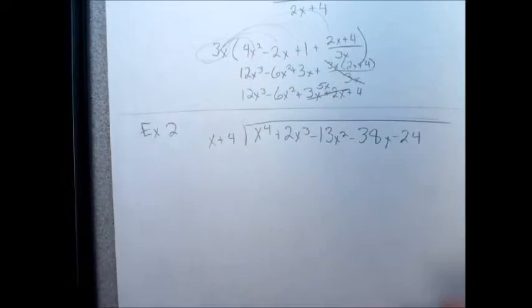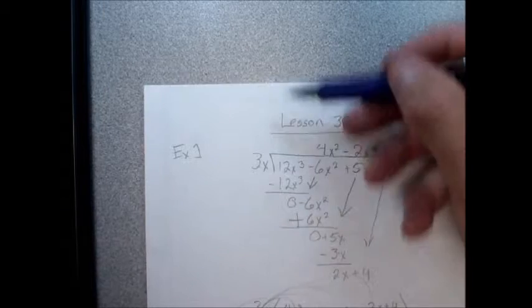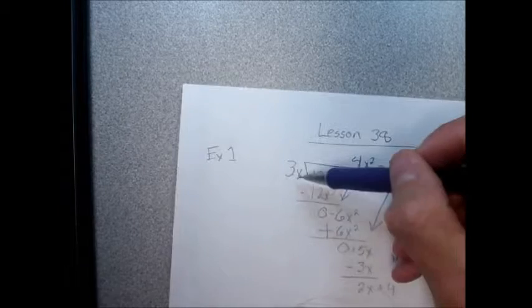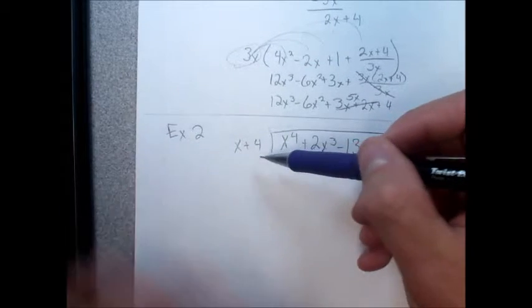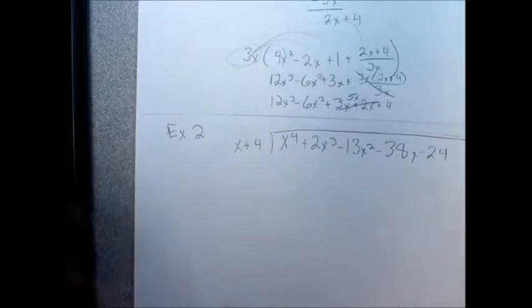Okay, so now that I have this all set up, I can do the same steps that I did last time. Since I did long division with one term, I'm going to do long division with two terms, and then from then on out, we're doing synthetic division.